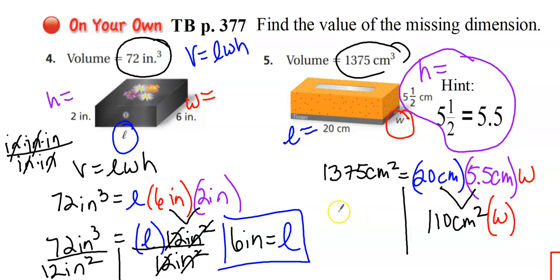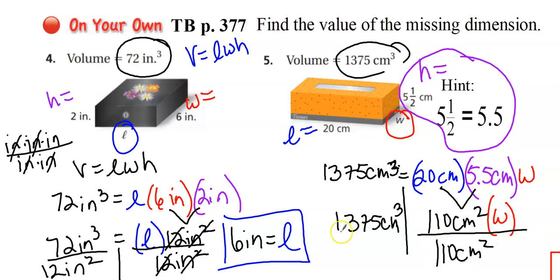And the side with the volume didn't have any changes to it, right? Oops, this was cubed. And I look at the side of my variable, and I'm going to undo multiplying by 110 centimeters squared, which is dividing by 110 centimeters squared. So I divide both sides by 110 centimeters squared. The 110s cancel out. The centimeters squared cancels out.